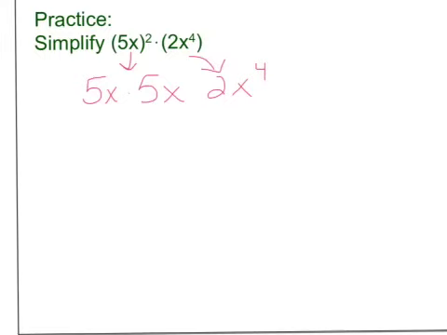If I expand upon this problem like we did in the other example, I'm going to write 5 times 2 in front, x times x, and then I'm going to write x to the 4th, just 4 different x's. So then we look and we say, we've got 5 times 5, 25, times 2 is 50, and then we've got 1, 2, 3, 4, 5, 6 x's, so x to the 6th.